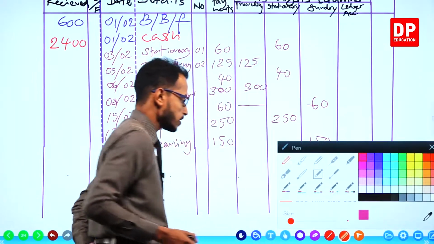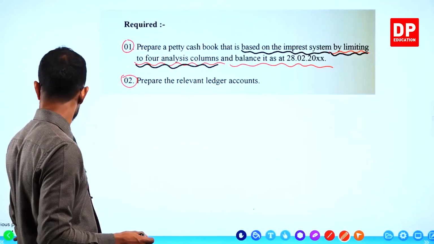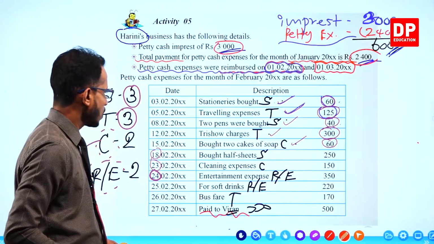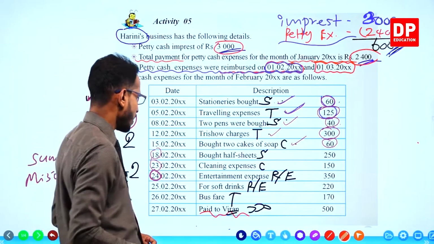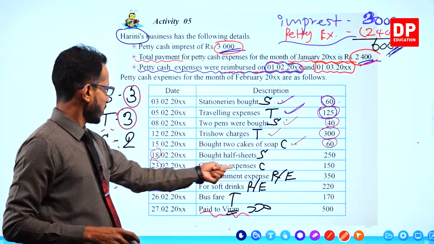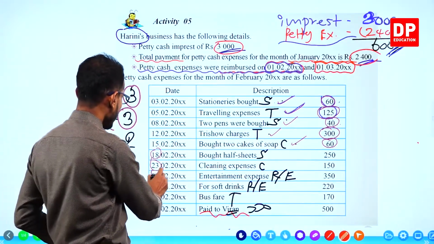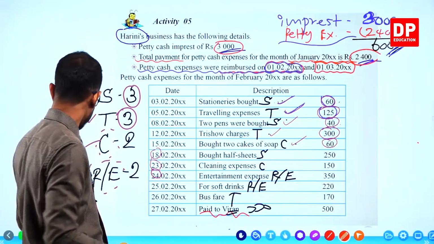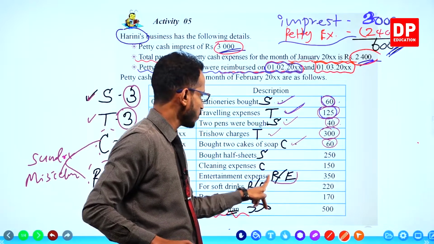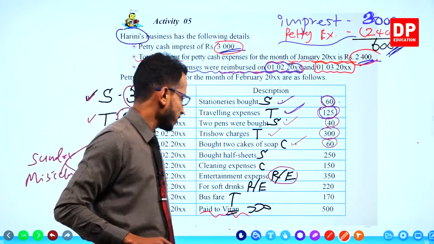What next? What is the next expense? Right, we recorded the cleaning expense 150. Then we have 24th, entertainment expense. It is an entertainment expense, which means entertainment or refreshments 350, and soft drinks 220.